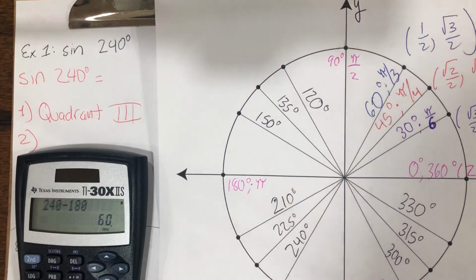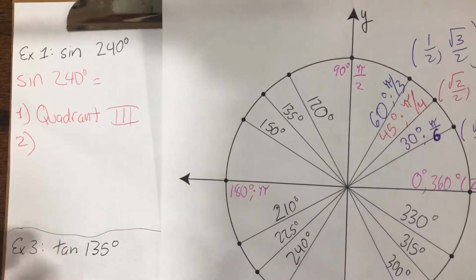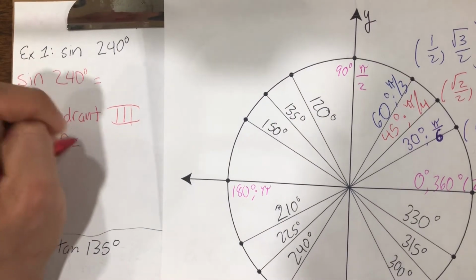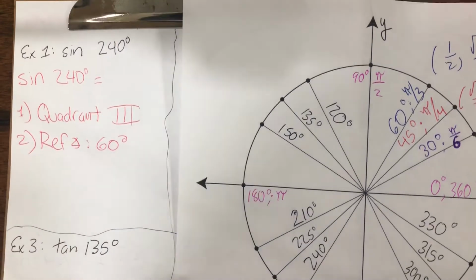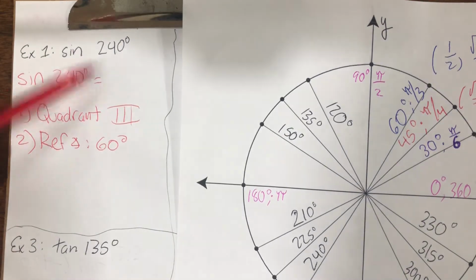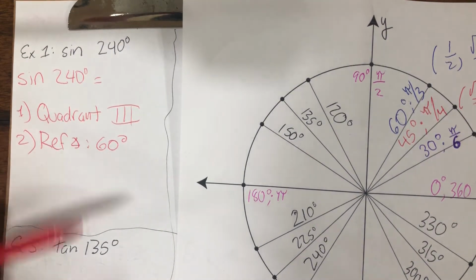Once I subtract those two numbers, my reference angle is 60 degrees. So the reference angle for 240 is 60 degrees, and now we can evaluate sine of 60 degrees.